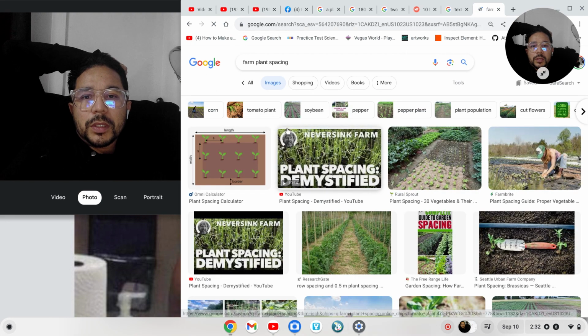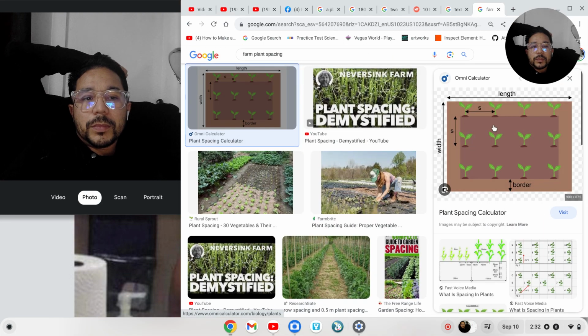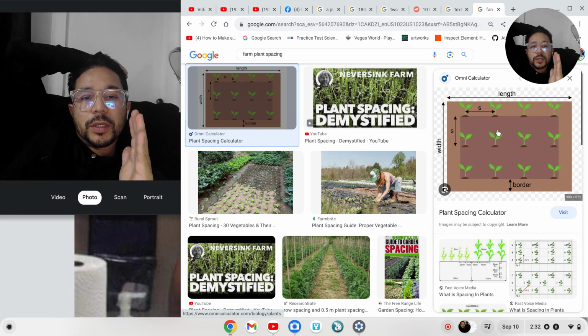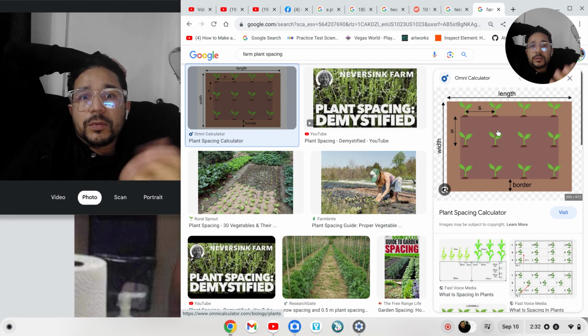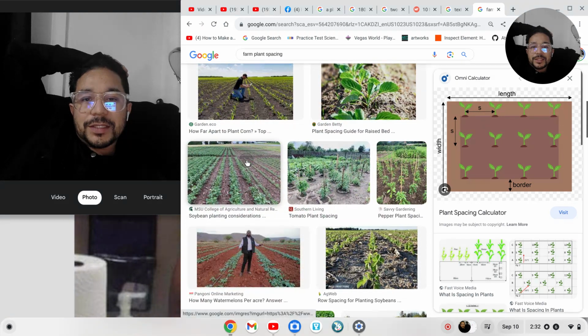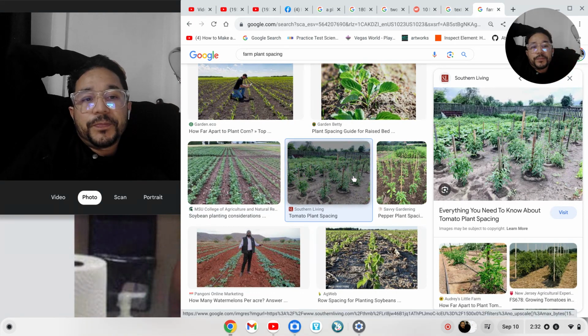So you know how they space the plants apart from each other every few inches or every few feet, whatever the case may be, and we see that like this, right? We see that at a different angle.